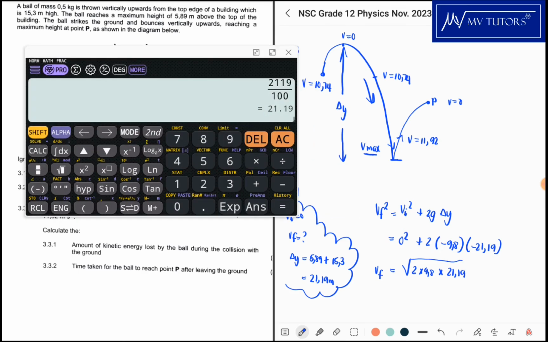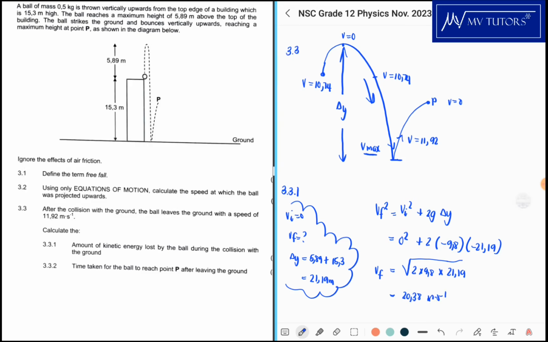Alright, so now square root of 2 times 9,8 times 21,19, and that gives us a maximum velocity there at the ground of 20,38 meters per second. So that is the Vmax over there, 20,38. And now it leaves with 11,92. So there's some 20,38 minus 11,92, that's lost there.